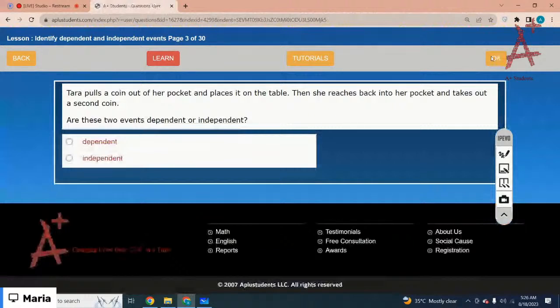They are dependent events, right? First time Tara pulls a coin out of her pocket. You have just one coin on the table, right? For the second time, she took another. So they are dependent events.